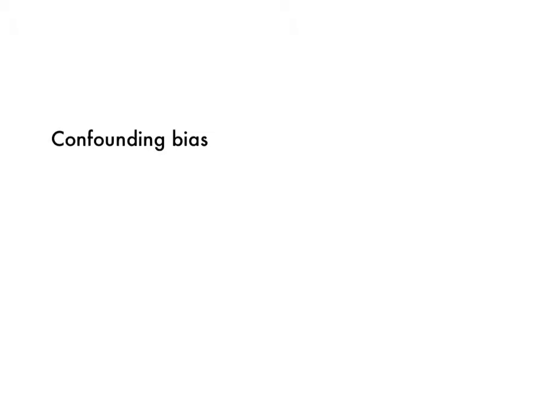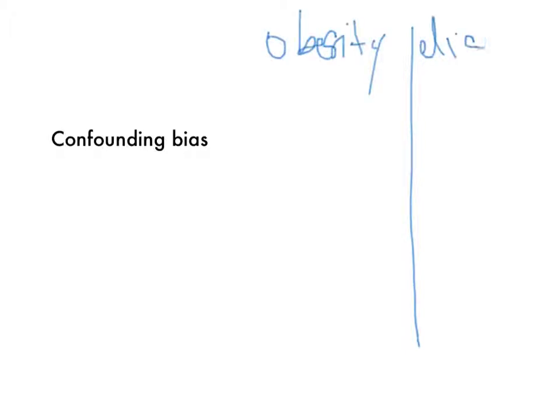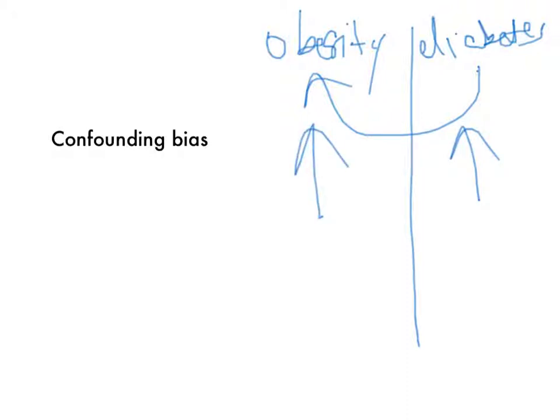So confounding bias is basically looking at two closely associated factors. So let's, for instance, talk about obesity and diabetes. Now, one kind of affects the other. If you have uncontrolled hyperglycemia, it's usually going to result in weight gain. So if you treat the diabetes, you're kind of treating the obesity as well.